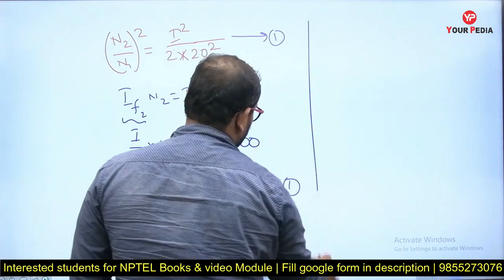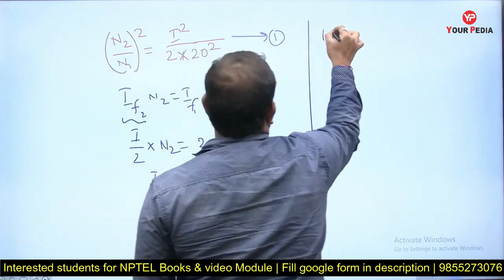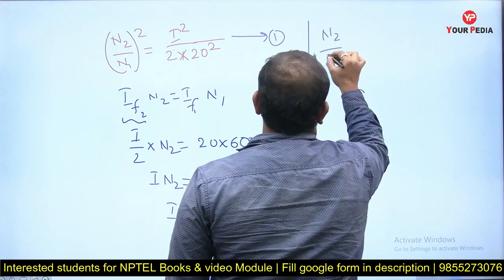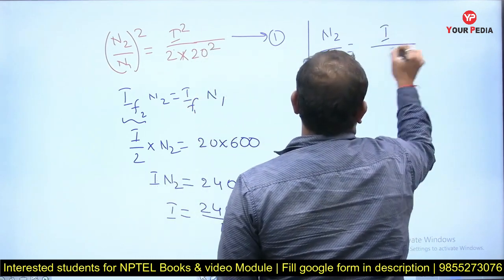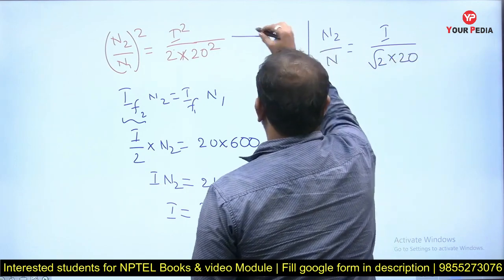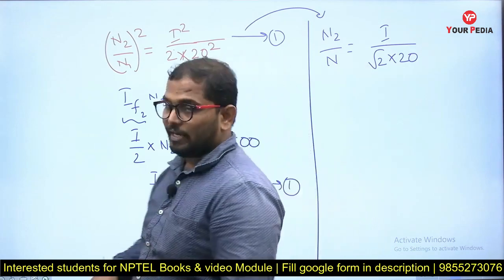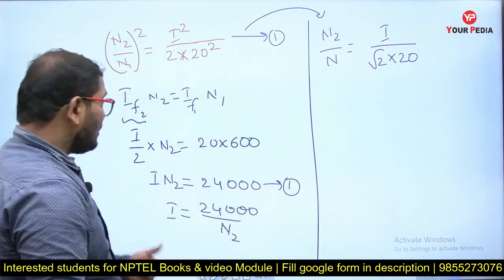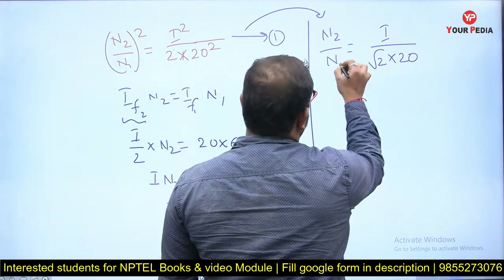So what is this value now? Let me take this N2 by N1 and remove the square here. So it is I by root 2 into 20. This is after removing the square. Now I is in terms of 24,000 by N2. Let's substitute here.